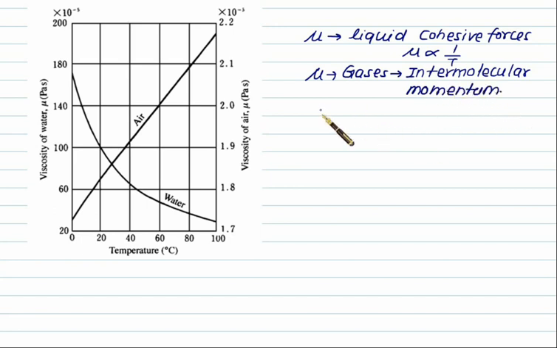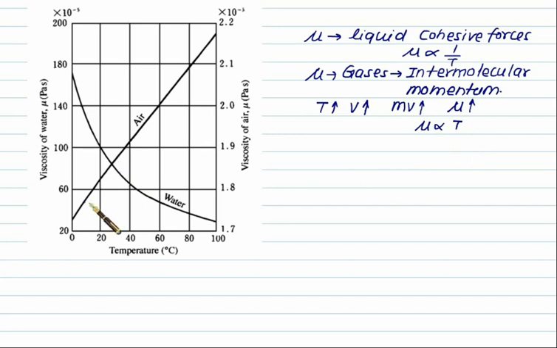In the case of gases, as the temperature increases, the velocity will increase. As the velocity increases, the momentum will increase. As the momentum increases, you get more resistance in the gases, and so the viscosity will increase. Indirectly, the viscosity is directly proportional to temperature.